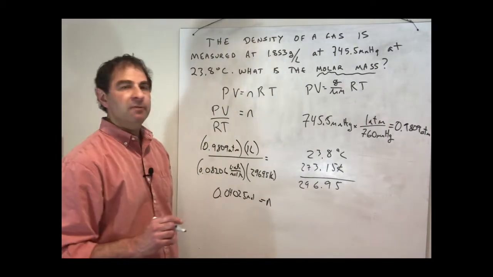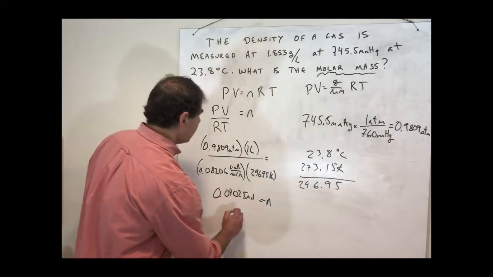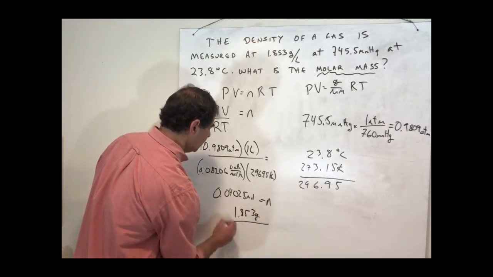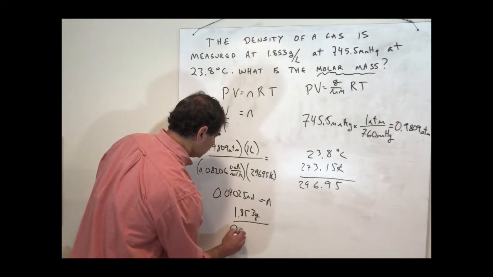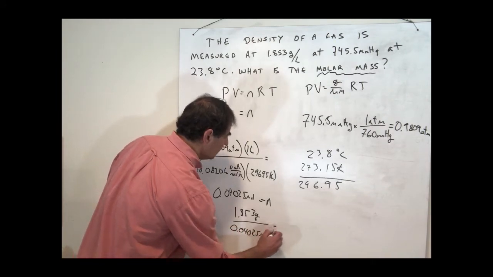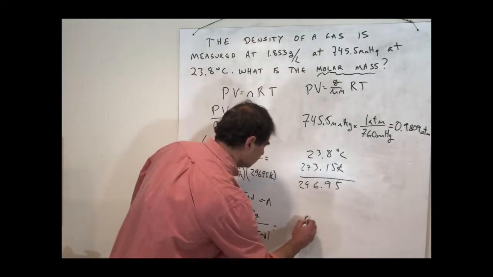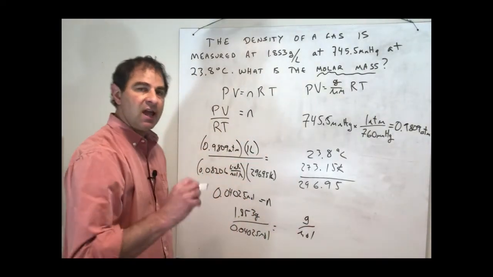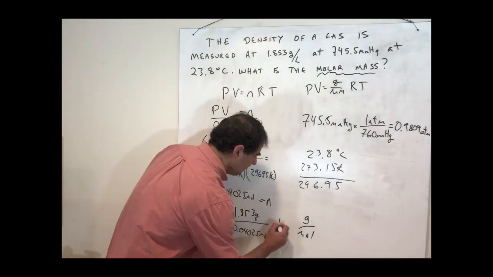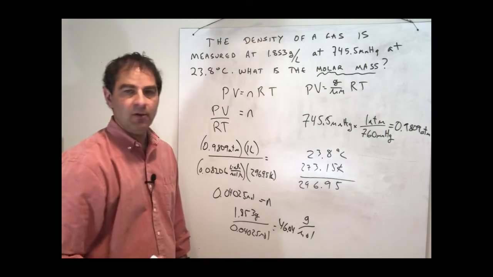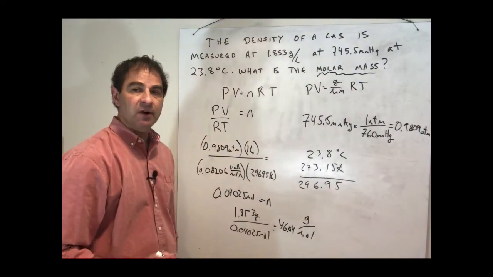In 1 liter, how many grams did I have? Well, I had 1.853 grams in 0.04025 moles. We know that molar mass is grams per mole. So if I do this simple division, I can come up with my molar mass: 46.04 grams per mole. That's one way to solve this problem.